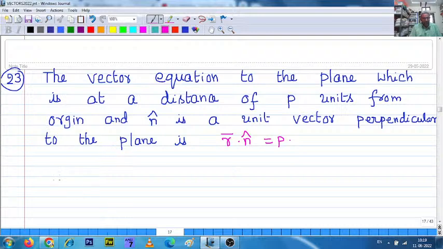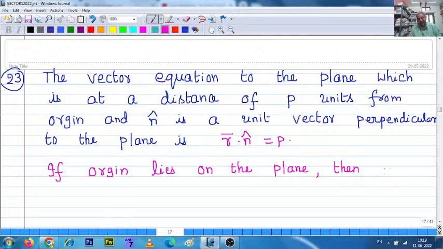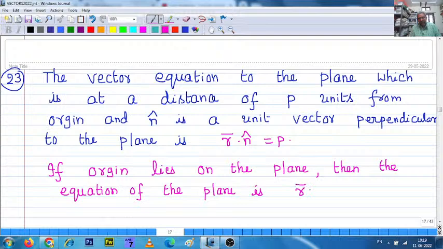For example, if origin lies on the plane, this is a special case, then the equation of the plane r dot n cap is equal to p becomes r dot n cap is equal to 0.